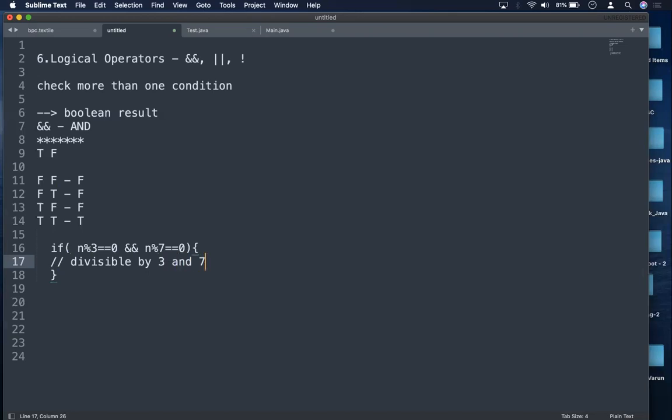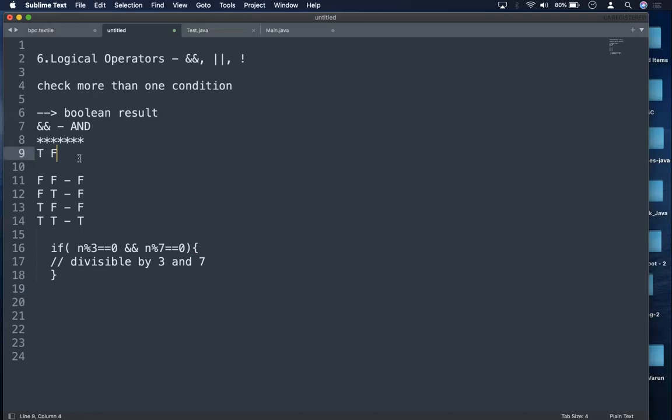Whenever you have this kind of requirement, you can go for this AND operator, a most useful operator. Many times you will see this AND operator getting used whenever we are taking certain decisions. So this is about the AND operator.